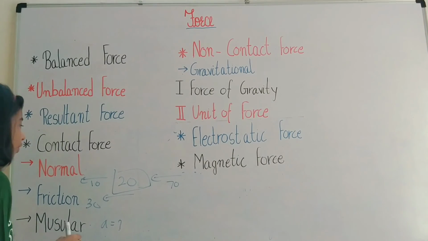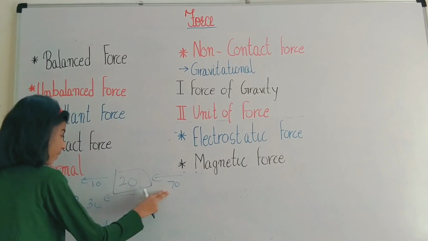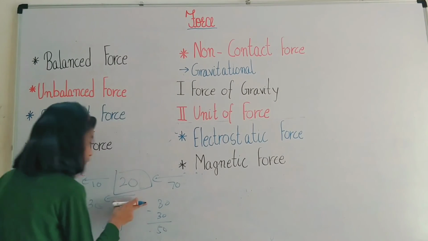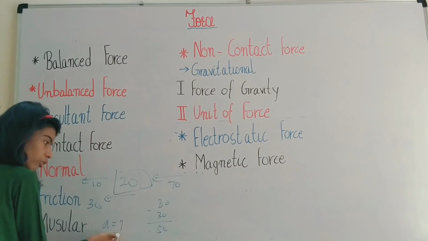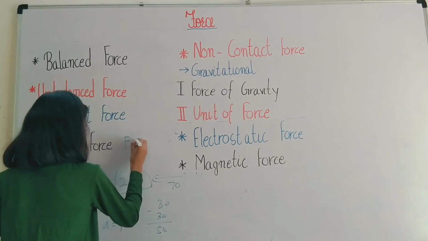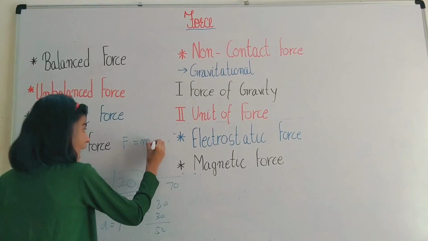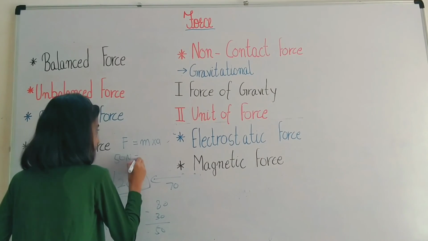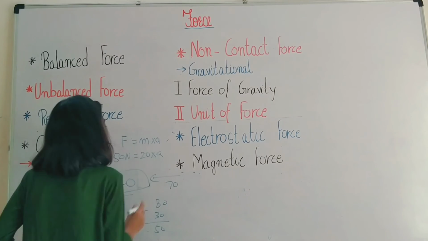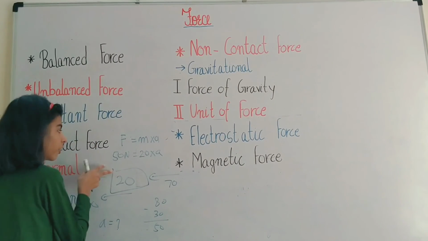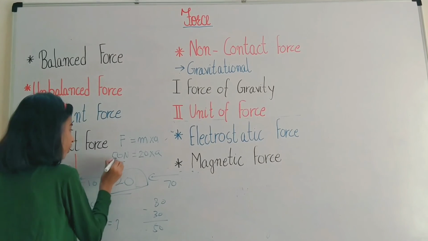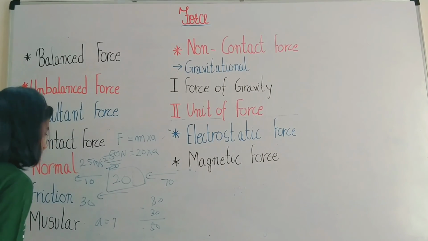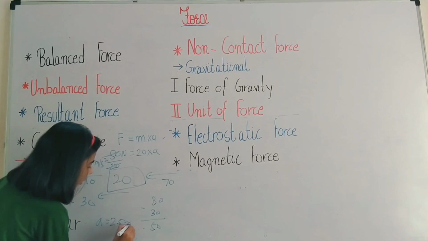So here we can calculate 70 plus 10 is equal to 80, minus 30 is equal to 50. So the net force here is 50 Newton, and we have to find the acceleration. Force is equal to m into a, where the force is given as 50 Newton and the mass is given as 20. It is in multiplication, so it will come here in division. If we divide properly, we get 2.5. So the acceleration is 2.5 meter per second square.